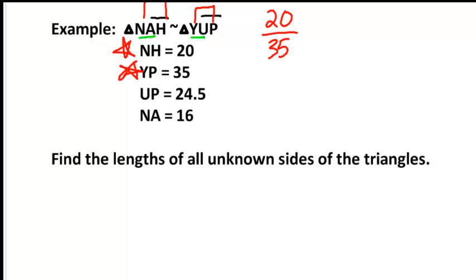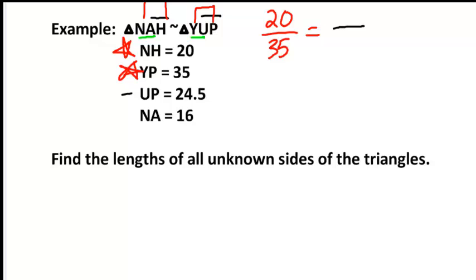You can then project that to whatever it is you want to know. Here they tell me about side UP being 24.5. Side UP corresponds with side AH. So I'm going to make another ratio out of those 2 side lengths.